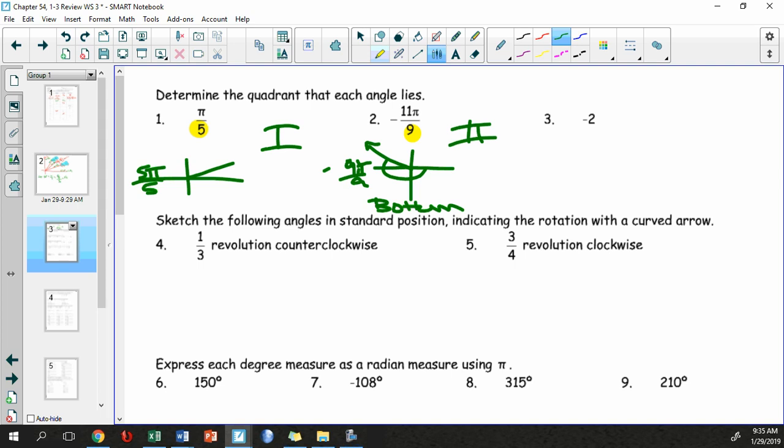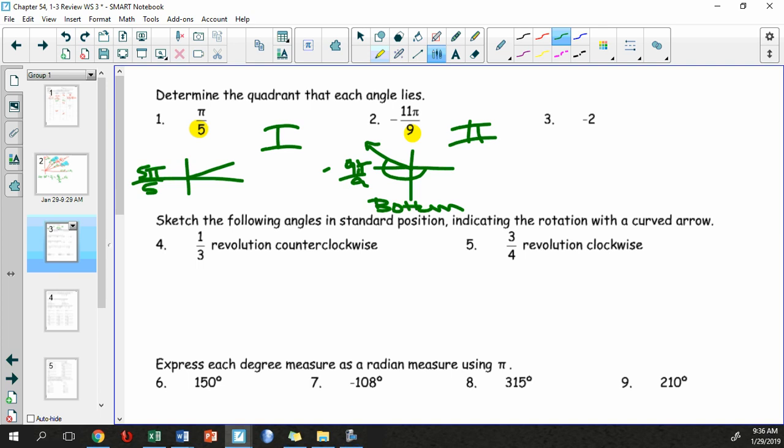Okay. 1/3 revolution counterclockwise. Down and to the left or up and to the right? I should say down and to the right or up and to the left. I said that backwards. Yeah, but I was trying to go this way. I get what you're saying. It's hard to describe it either way.